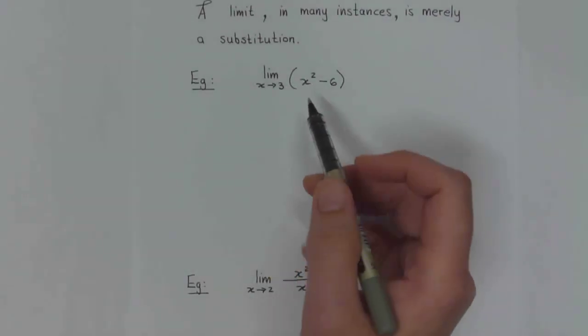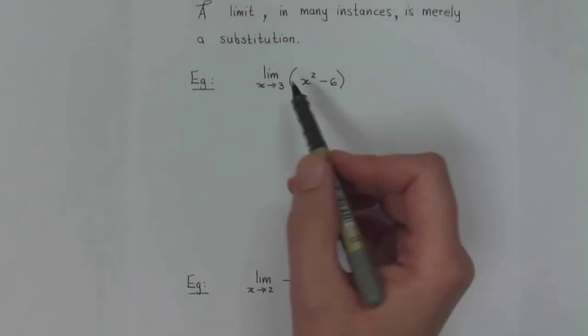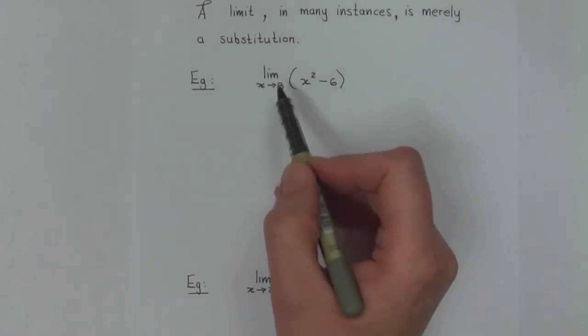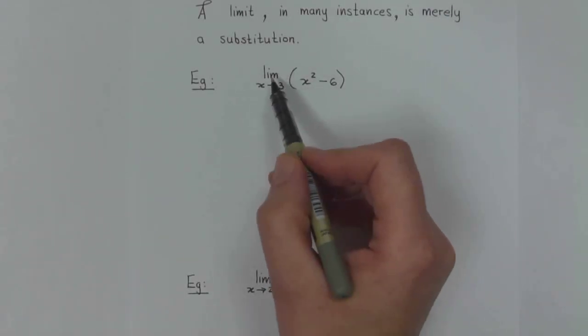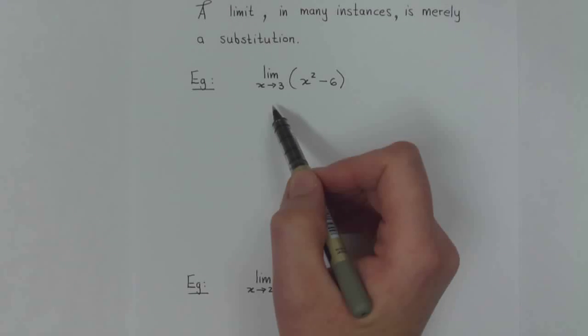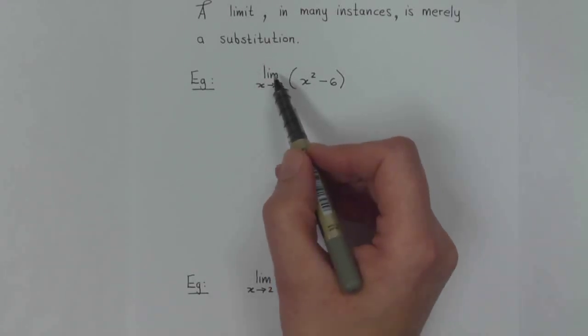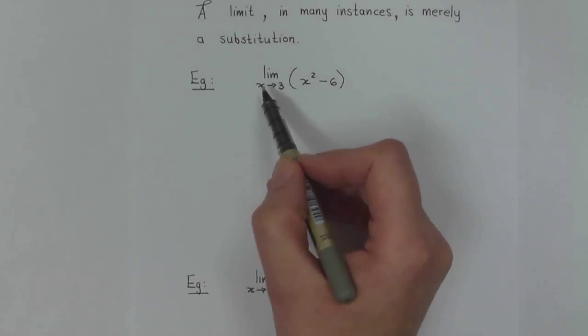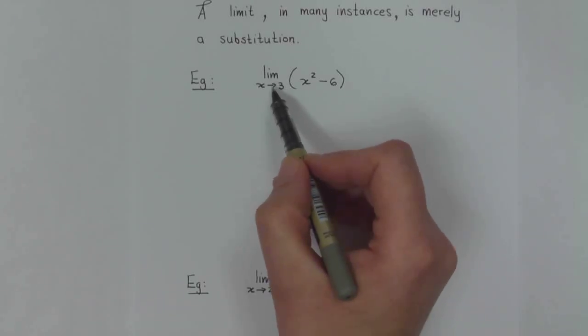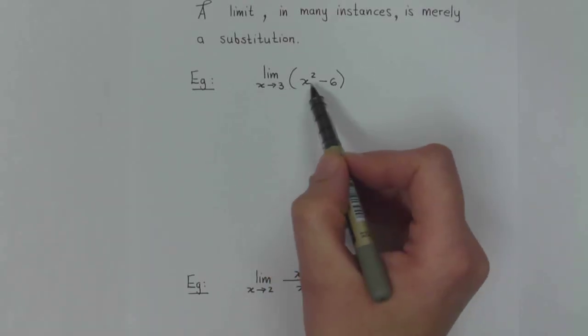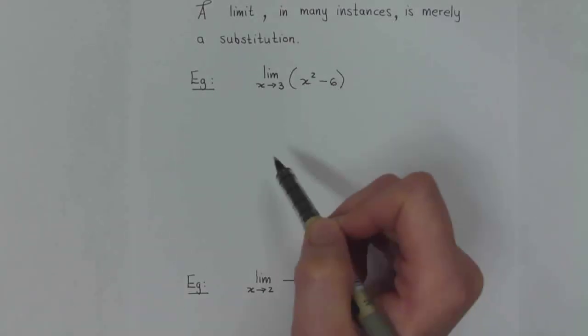So the way this example reads is like this. It says, evaluate, and that's quite interesting about limits. In a limit, we never say calculate a limit. We always say evaluate a limit. So evaluate the limit, and it reads like this, of x tending towards 3 in the function x squared minus 6.